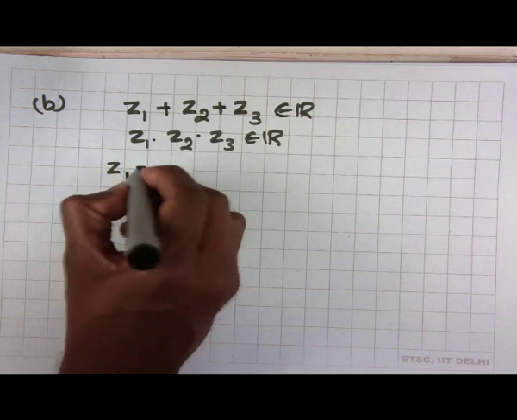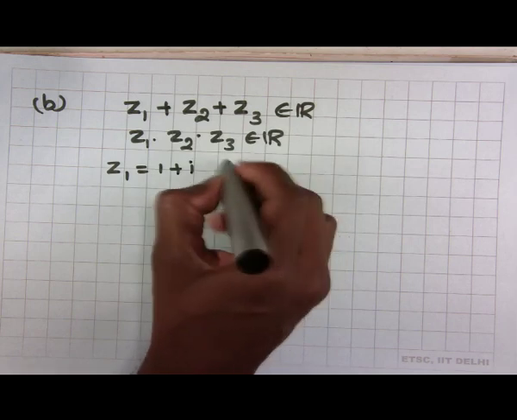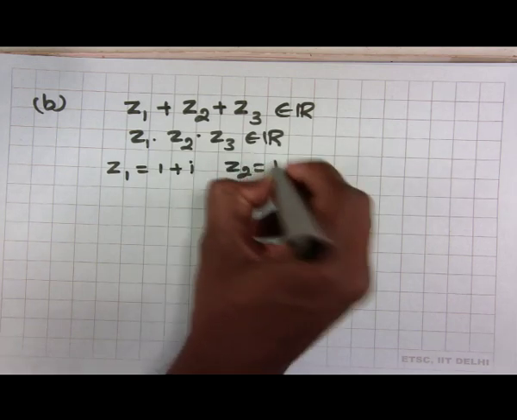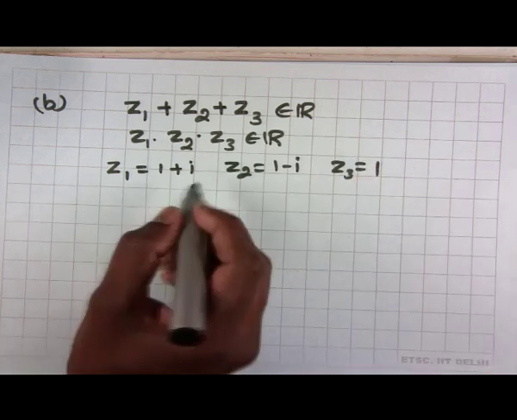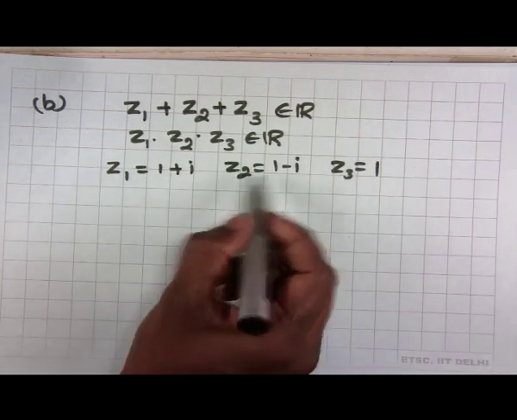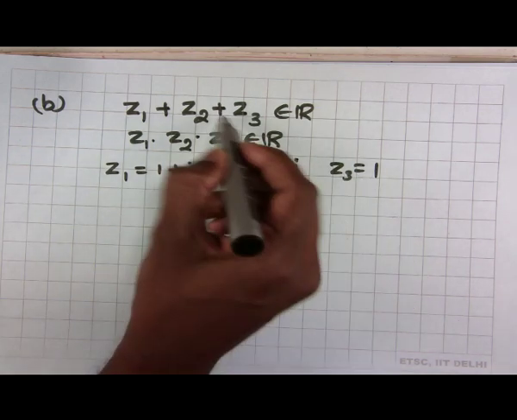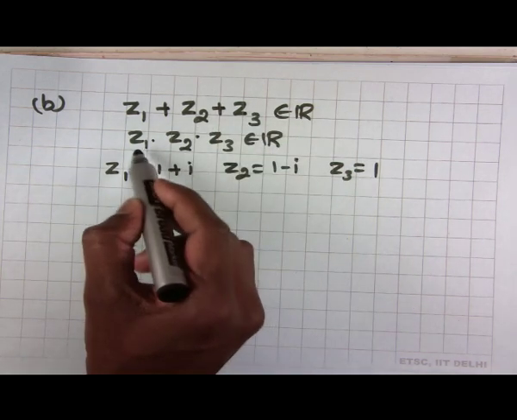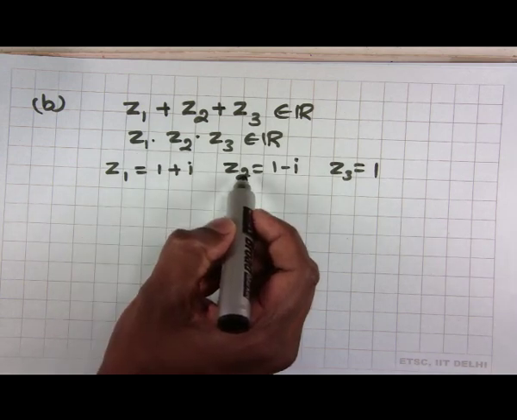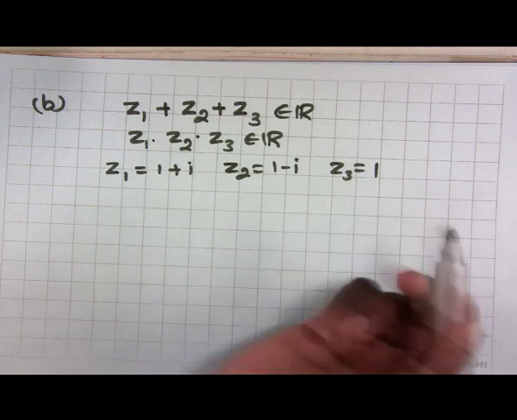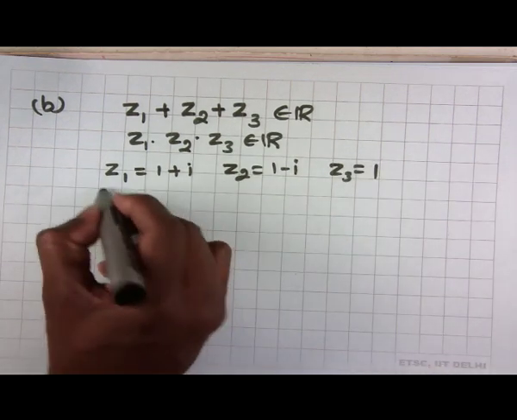So, I take Z1 as fixed, Z2 as its conjugate, and Z3, let us say, simply 1. Then their sum is real and together with Z3 gives a real number. Further, when you take the product Z into Z bar, we know it is a non-negative real number, then the product with Z3 is again a real number. So, this satisfies the condition, yes, this is possible.